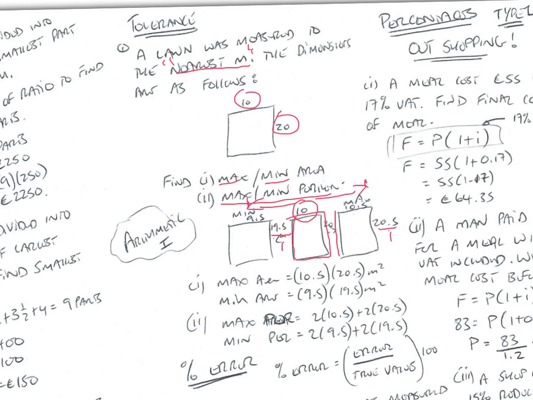And we simply plug in the max values for max area, 10.5 by 20.5, and the min values for min area, 9.5 by 19.5. For the max perimeter, the perimeter being this side plus this side plus this side plus this side, which is the same as 2 times one side plus 2 times the other, we use the max dimensions, or for the minimum perimeter, same thing but using the minimum dimensions.